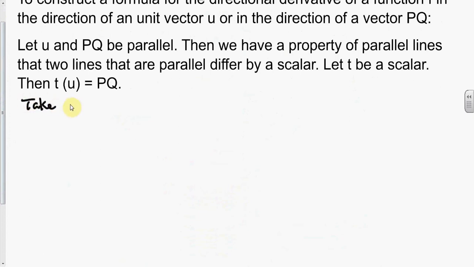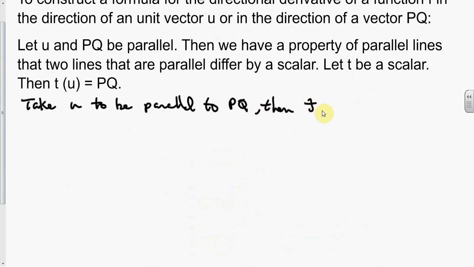So take u to be parallel to PQ, then there exists some scalar t such that t times u is equal to PQ.